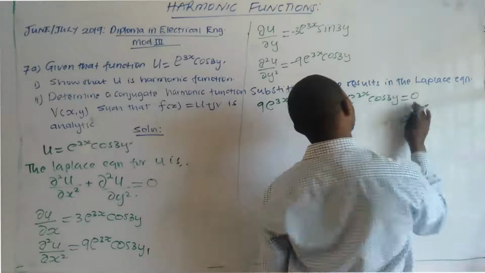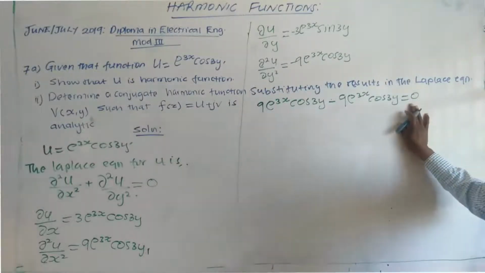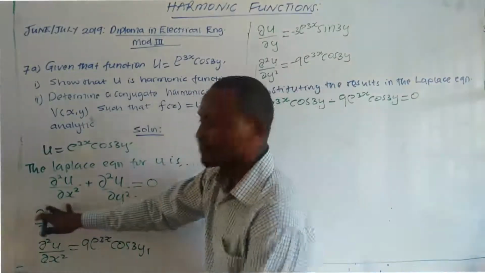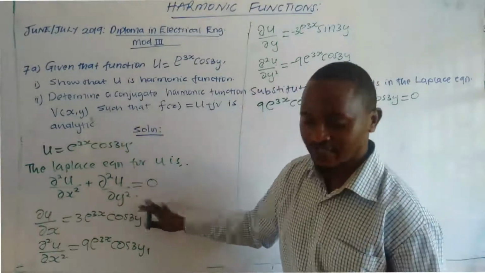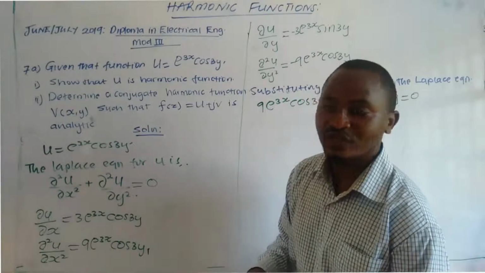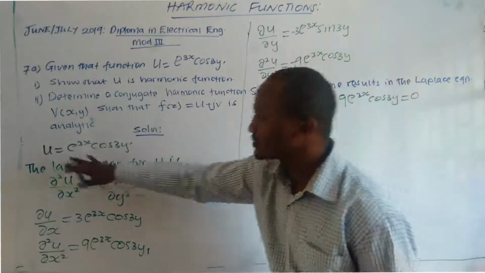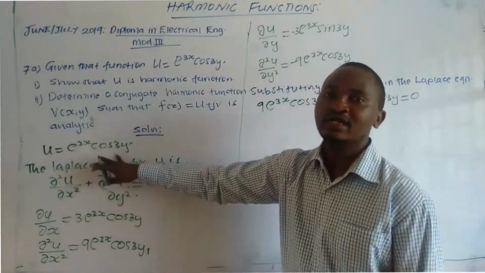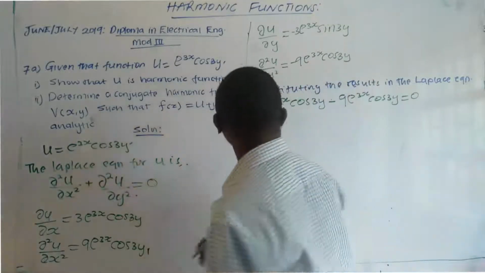You can see this will give us 0 as expected from the Laplace equation, and therefore we can say the function u is equal to exponential 3x cos 3y is a harmonic function.